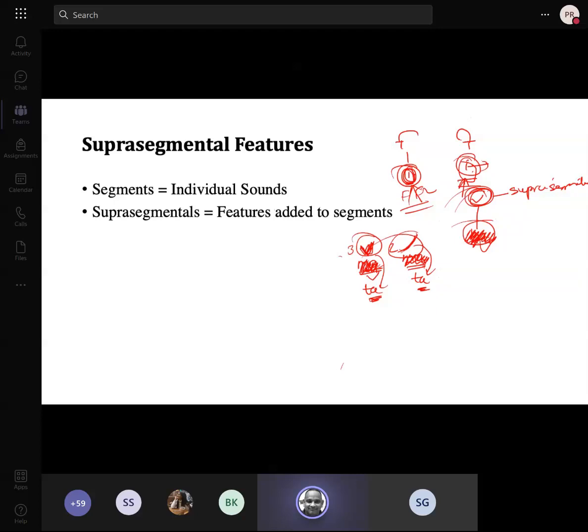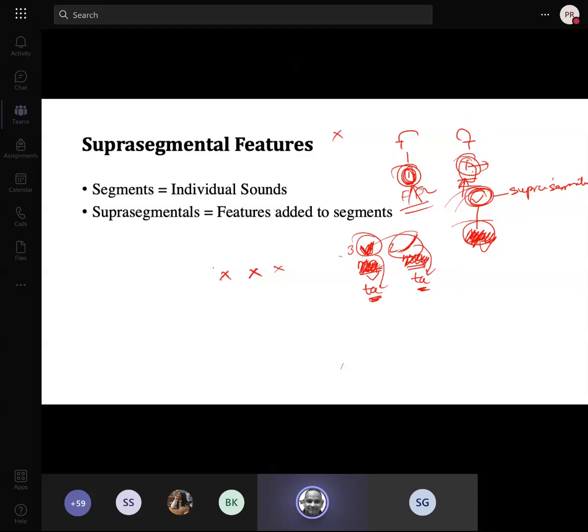Okay, so as we were talking about duration, we can represent duration in terms of timing tiers, and timing can be put with the notation of x's, different crosses.